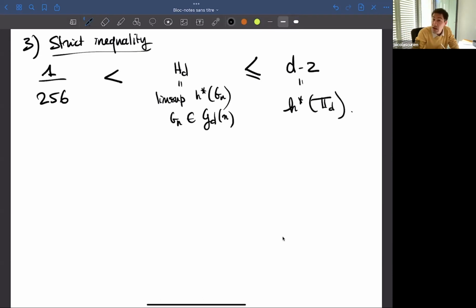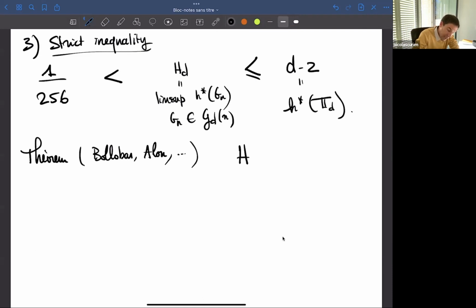I will not tell you what HD is because I don't know, but I will tell you a funny theorem due in its first form to Bollobas and then sharpened by many, including Alon and so on. What they prove is that this inequality here is strict and much more than strict. HD is less than (d-2)/2.